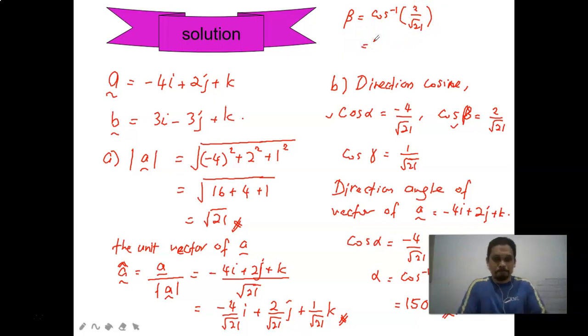Press shift and cos, it gives you arc cos, and then set up the formula inside, which is 2 divided by square root of 21, as you see on the screen here now.